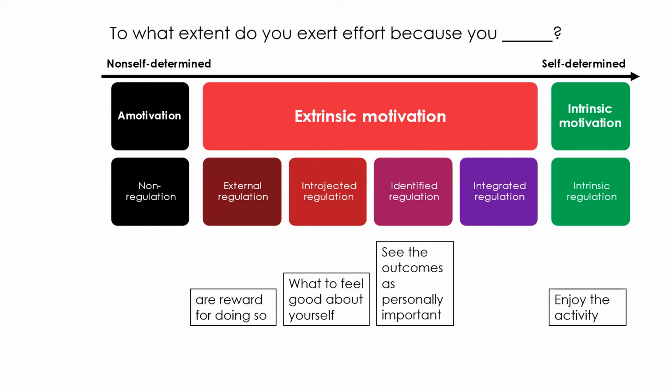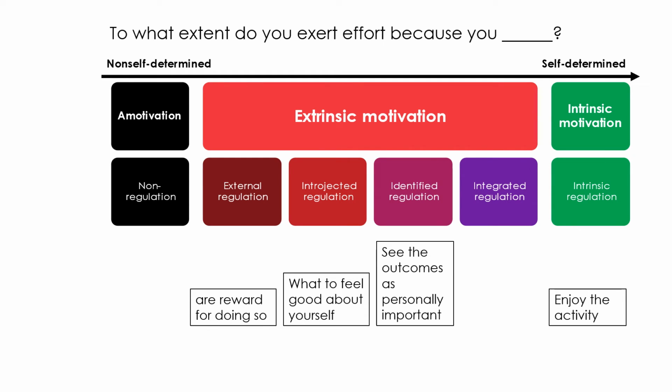How to measure motivation? One way is to ask about the reasons why the person exerts effort in an activity. The reasons included in the measures are selected to reflect the motivation types.